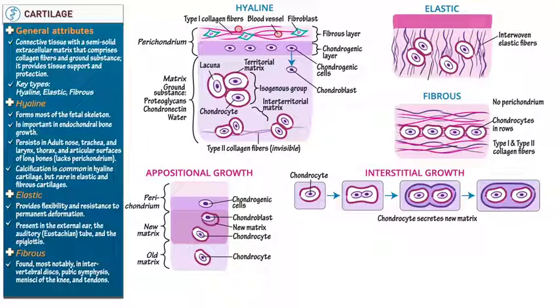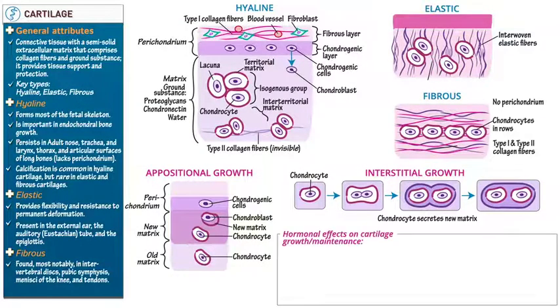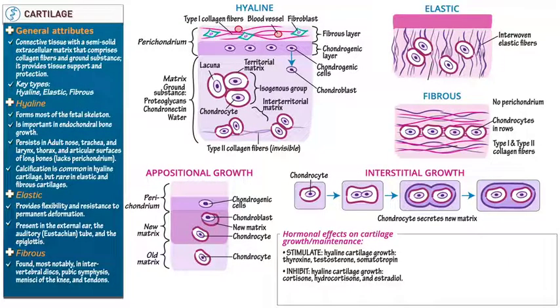Lastly, let's address specific hormones that impact the growth of hyaline cartilage. Denote that the following hormonal substances stimulate histogenesis: thyroxine, testosterone, and somatotropin. Denote that the following hormonal substances inhibit cartilage histogenesis: cortisone, hydrocortisone, and estradiol.